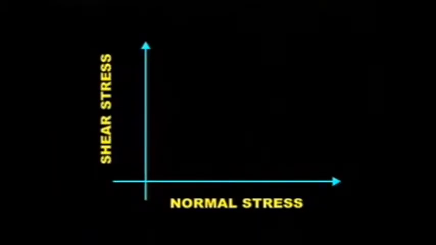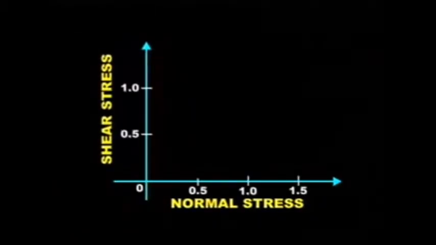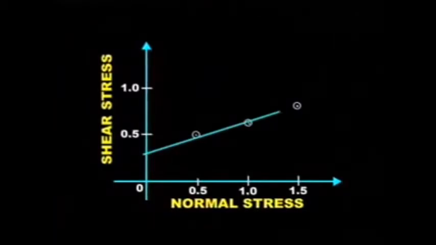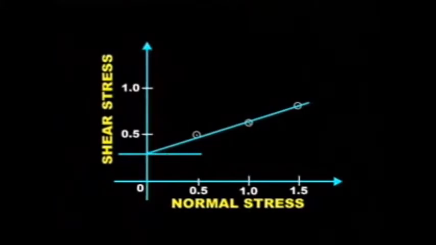After doing the test, we suppose that we have collected the data and done the required calculations. So what you now want is to draw a graph of shear stress against normal stress, and by using it you will be able to determine the two parameters you are looking for.